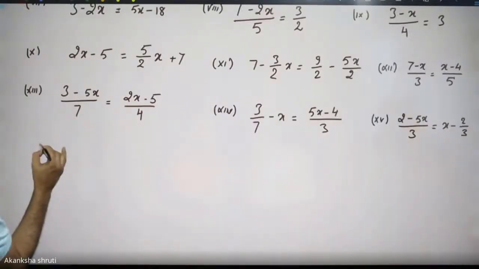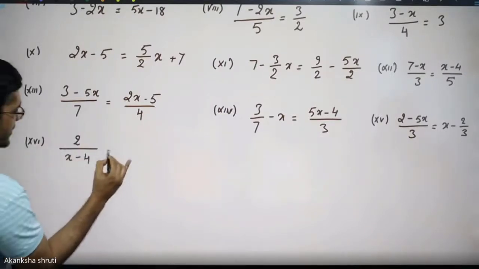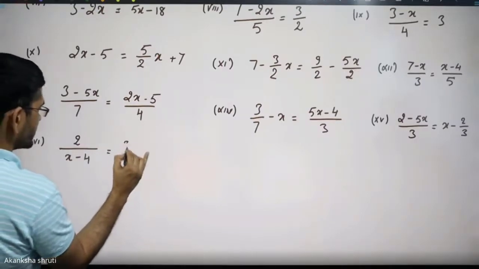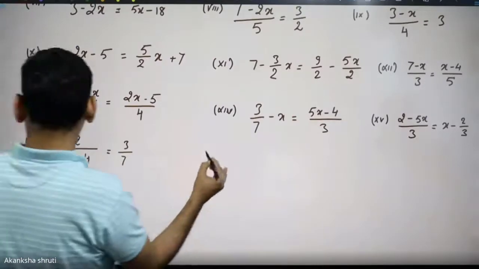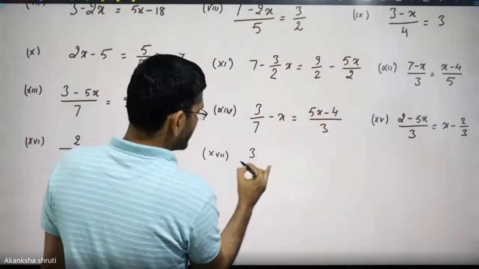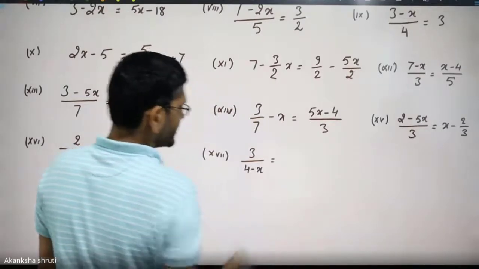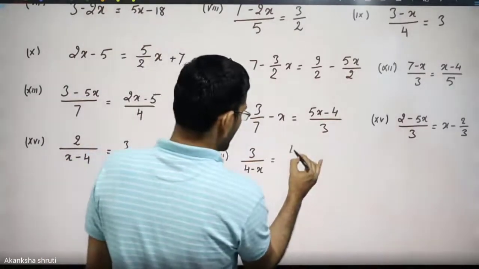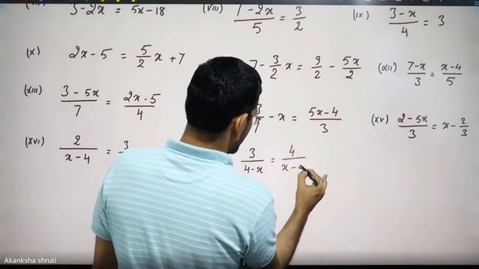Let us take one or two more. 2/(x - 4) = 3/7. Next, 3/(4 - x) = 4/(x - 5).